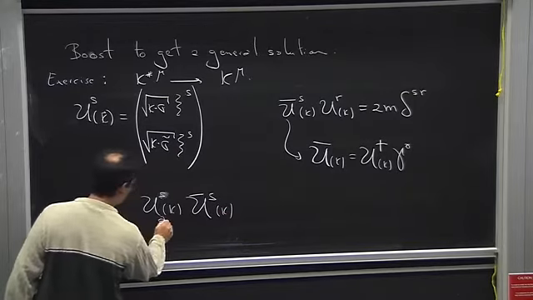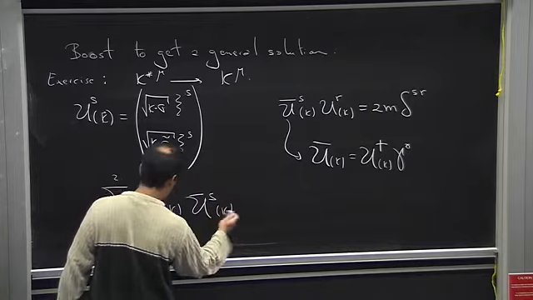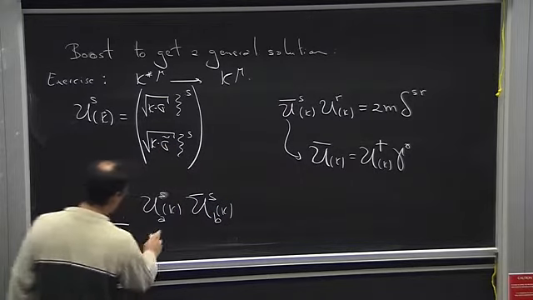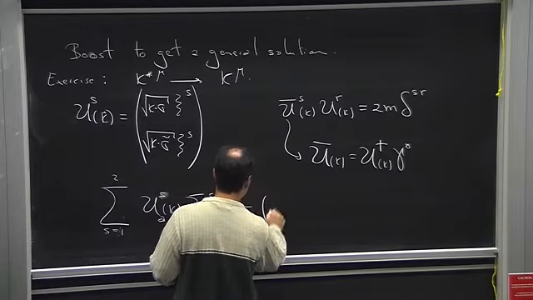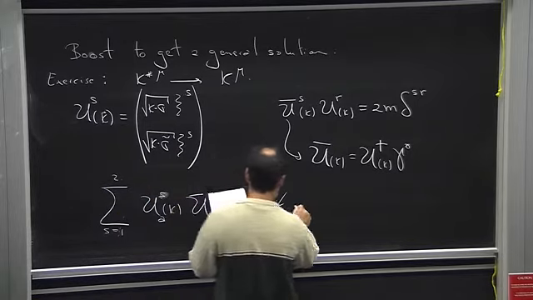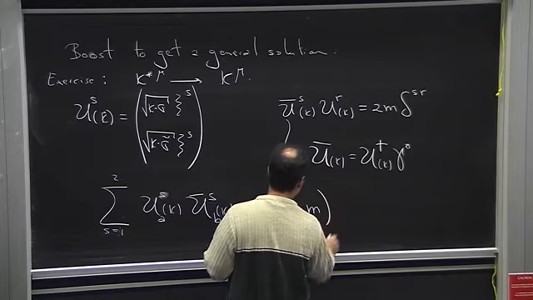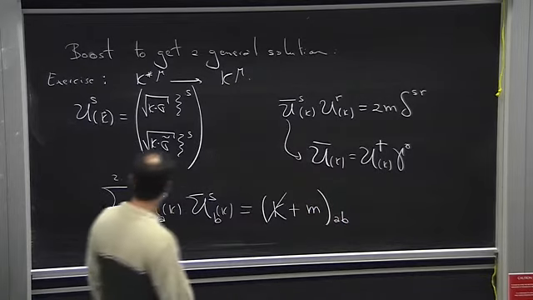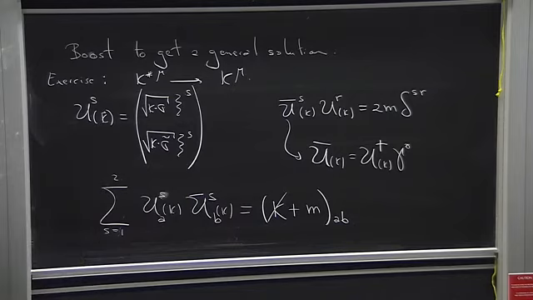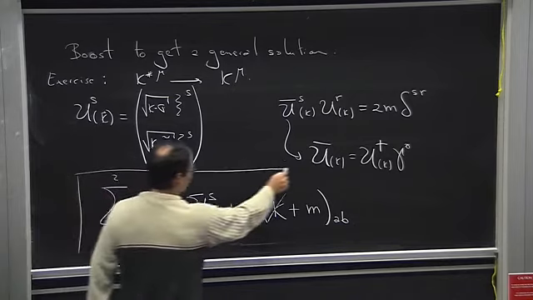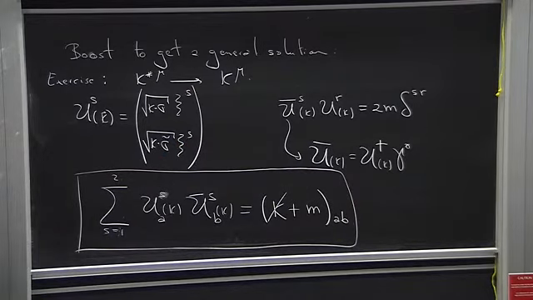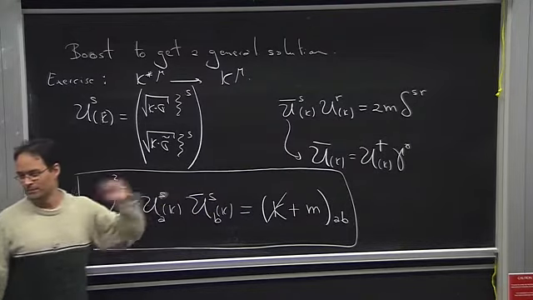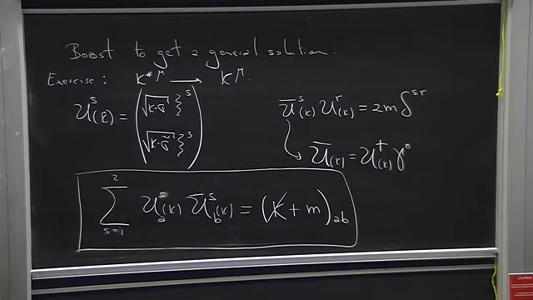To make sure that we see there is a matrix, let me denote the components by A and B. And then what we find is that this thing is nothing but K slash plus M, AB. So this is going to be something important for us. We should keep it in mind. Does this look familiar from something that we have done before?